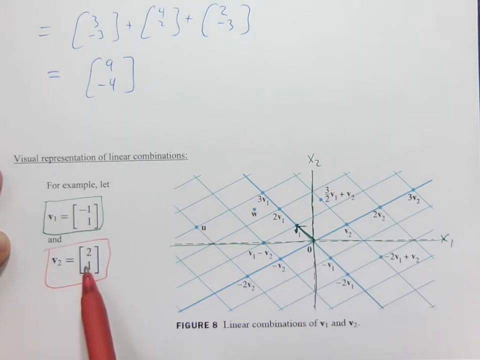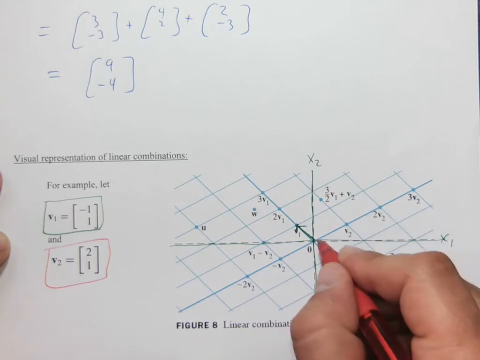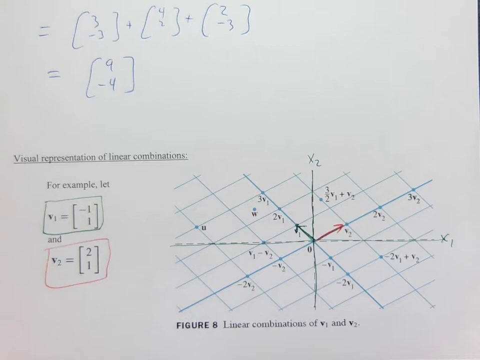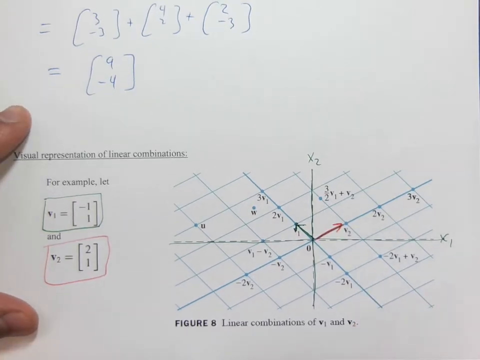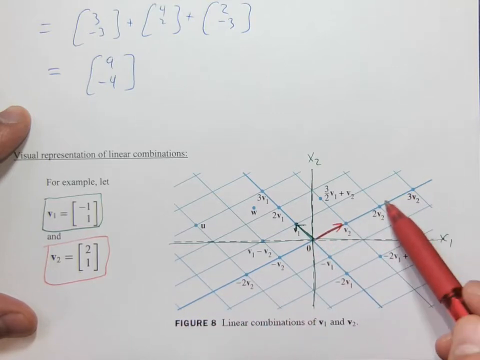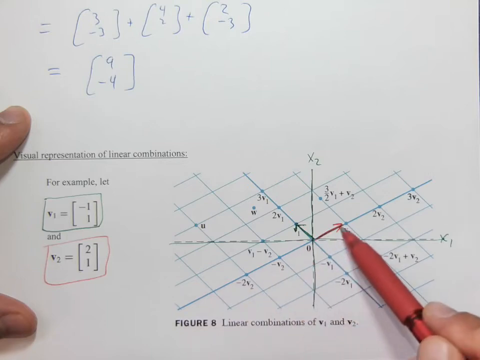The v2 vector, 2, 1, is right here. So you go 2 to the right, 1 up. This one would be v2. Now, what's being shown everywhere else, all these other points where it kind of looks like a lattice, the lattice that I'm highlighting right here, this piece of the lattice in bold, this is scaling v2.